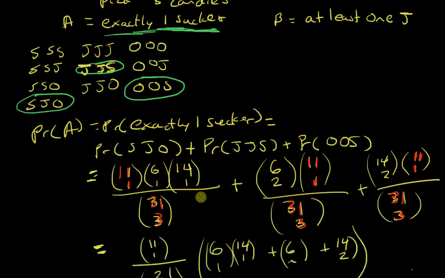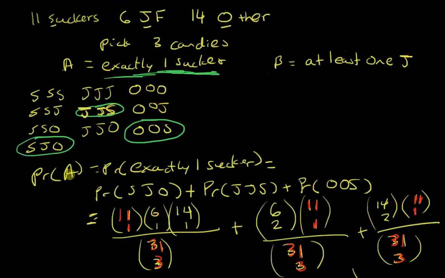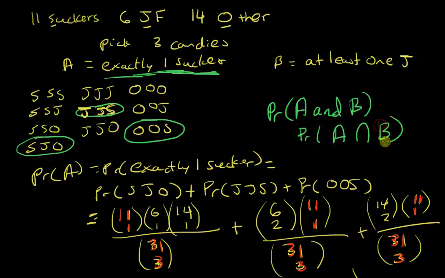All right, the whole point of doing this was not really to talk about how to calculate the probability of A, but to build up to how we calculate the probability of A and B, in other words, the probability of A intersection B. What does A and B really mean? At least one juicy fruit is B, and exactly one sucker.